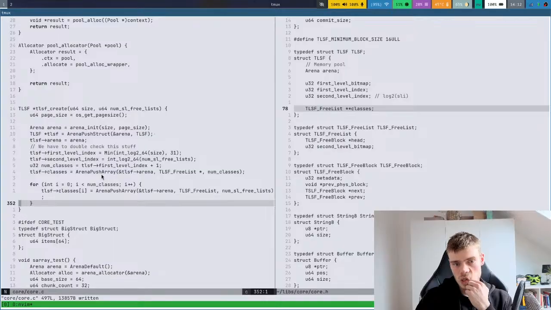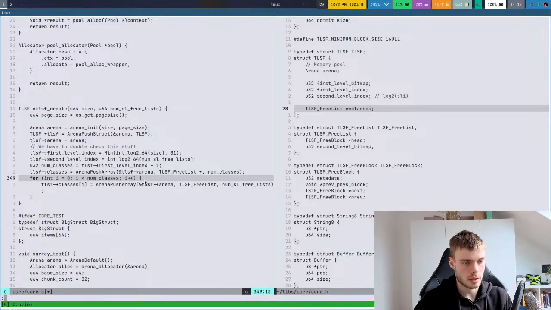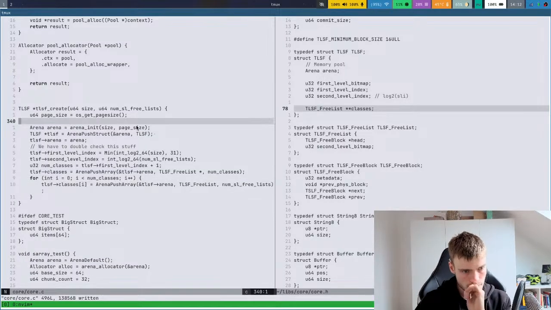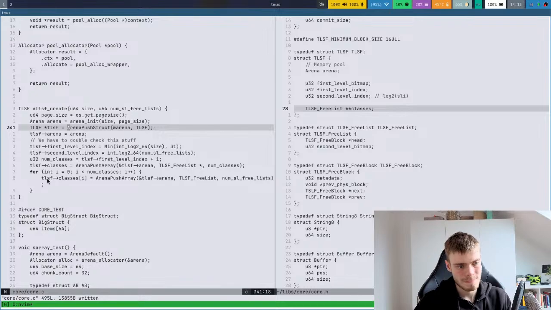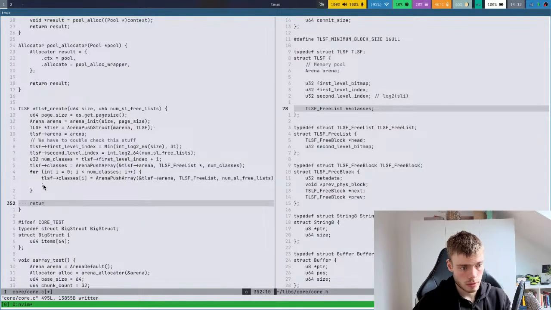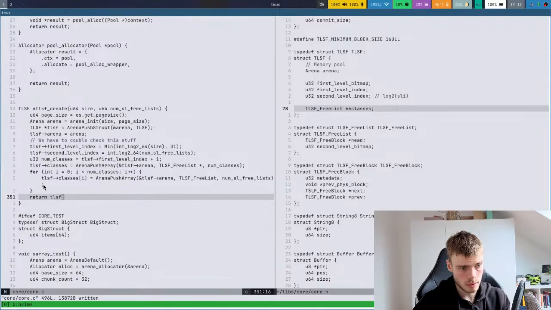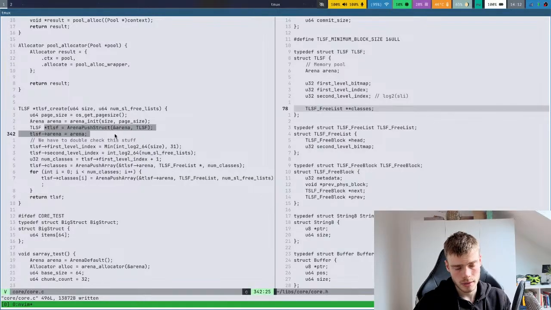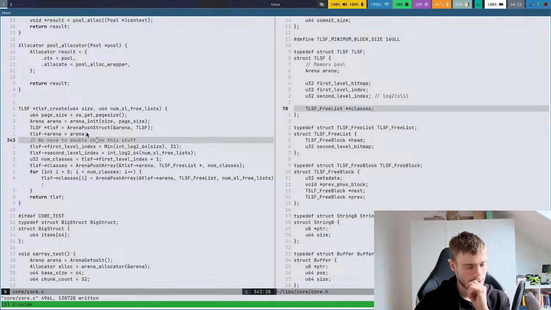So this seems like the initialization. Does it work? I don't know. Then we return the TLSF as well. Funny is all that. Yes.